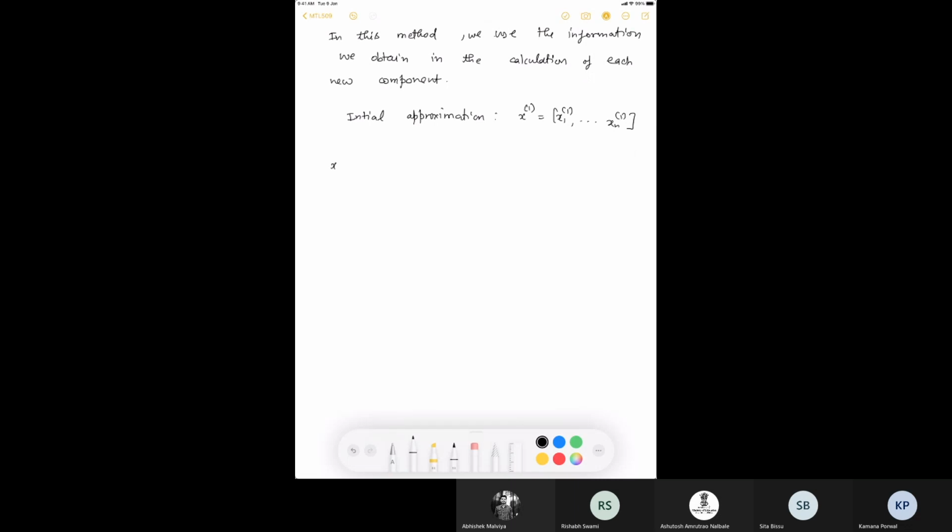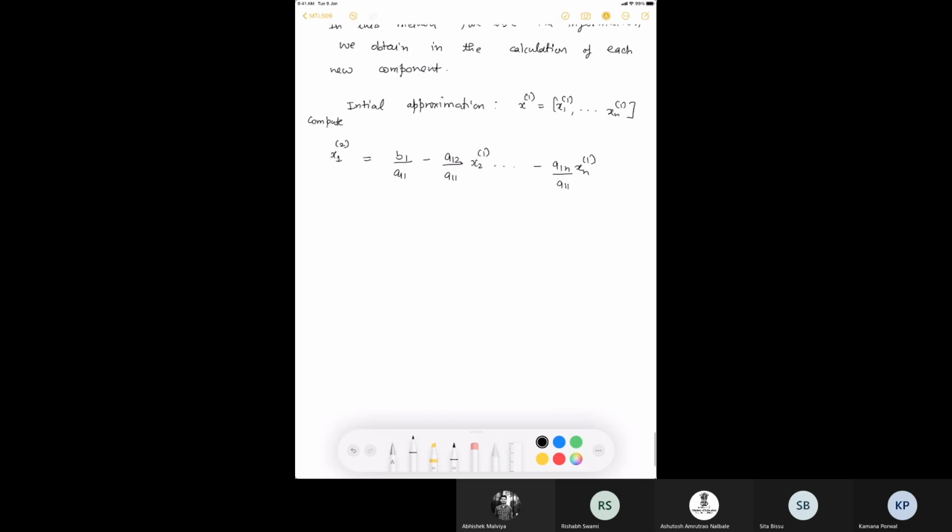So I'm going to compute the first component of the second iteration as before, as we have done in the Gauss-Jacobi. So this is x2 1, and this will go up to a1n divided by a11 xn 1. Okay, so we have got x1 2.